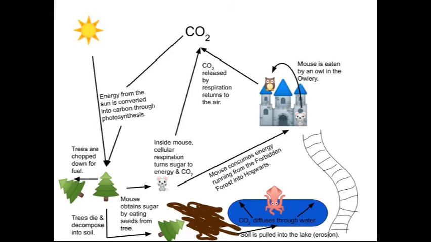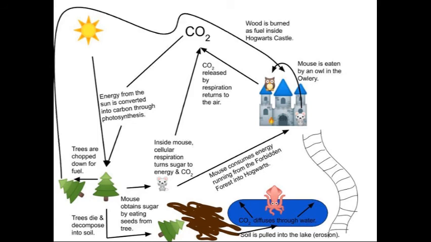And since I've got Hogwarts Castle, I know it's heated by fire in fireplaces. So we're going to have trees in the forest that are chopped down for fuel. And then we're going to show those trees getting brought up to the castle and burned for heat.